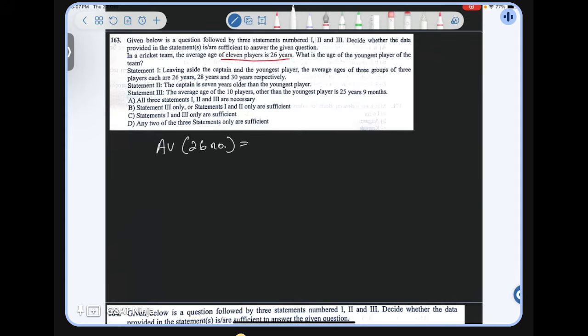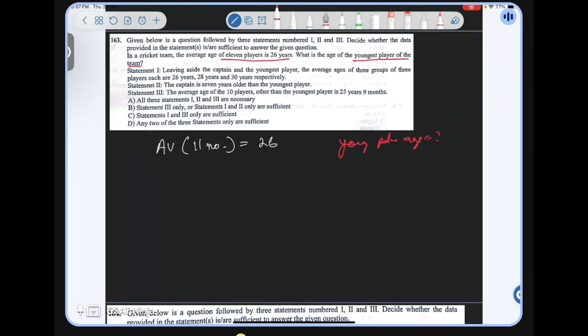That is given. What is the age of the youngest player? The age of the youngest player of the team. So this is given in the question. We are asked to find the youngest player's age. We need to find that. Shall we give it a try?